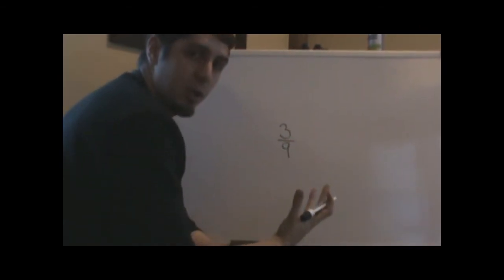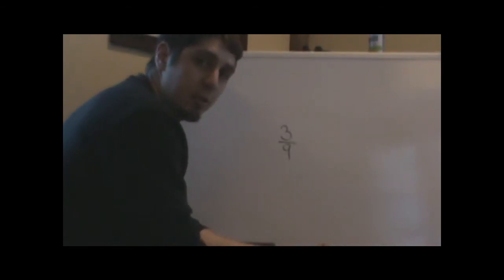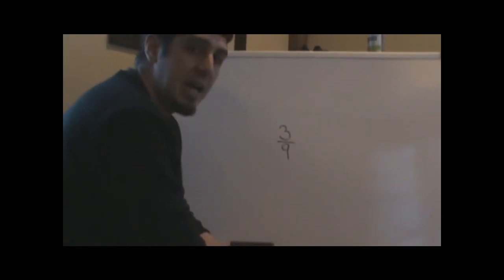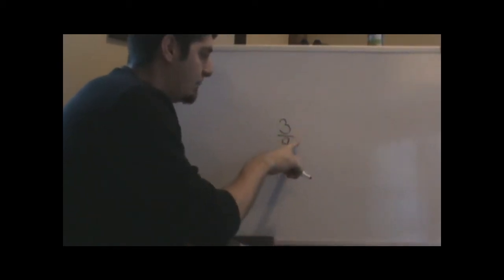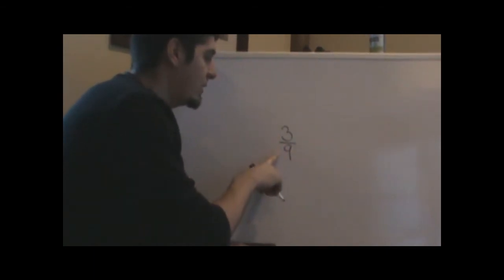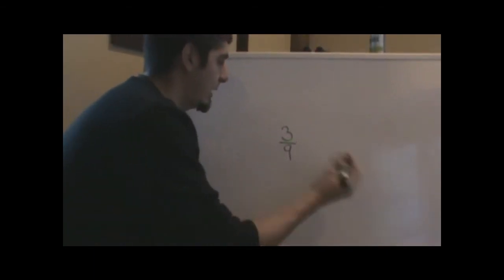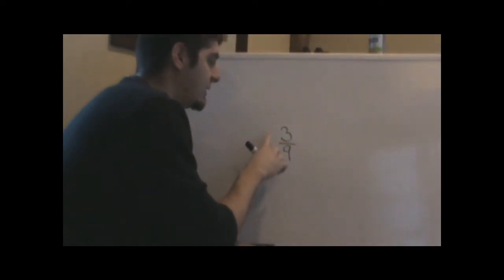you're going to try to find the greatest common factor, or at least a common factor, of 3 and 9. And you're going to take that factor and divide both the top and the bottom number by it. So, for example, the greatest common factor of 3 and 9 happens to be 3. 3 divides into 3 and it divides into 9.